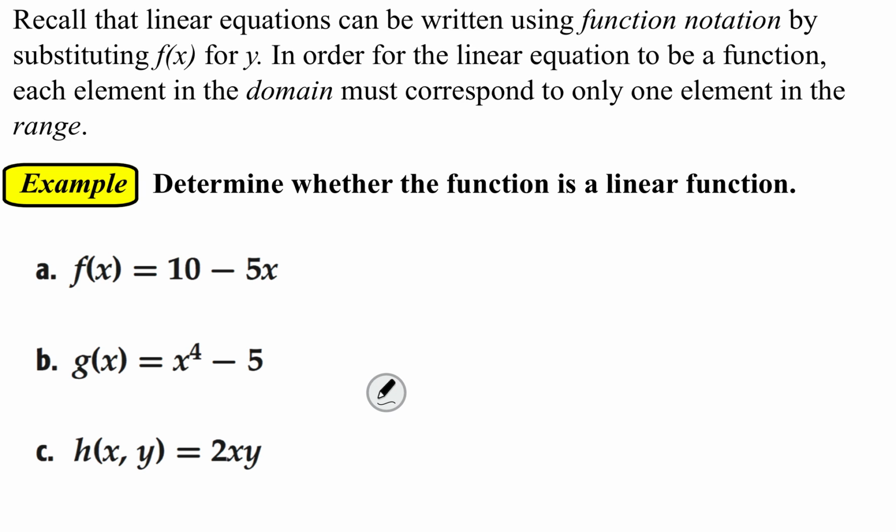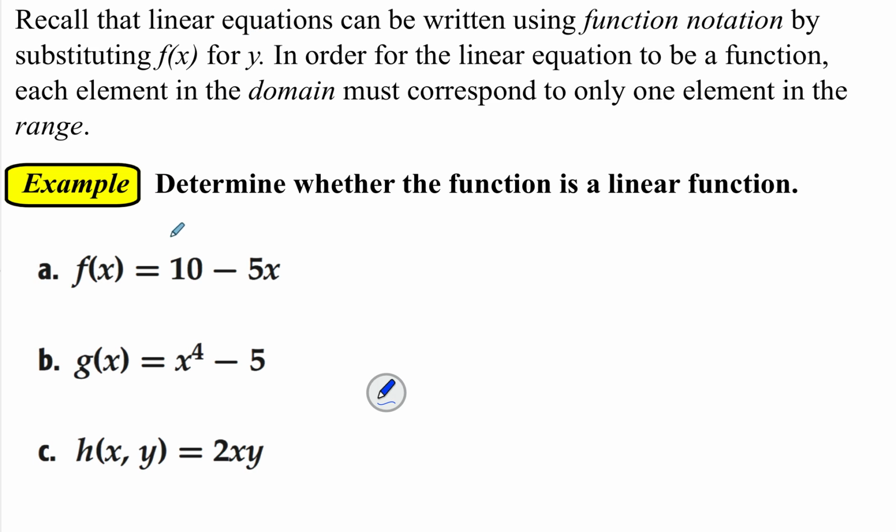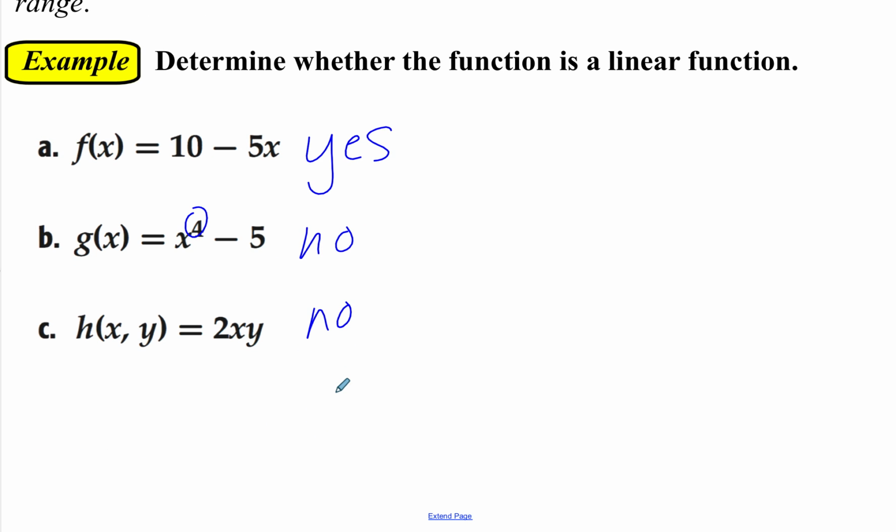Based on the definition that I just gave you, can you tell whether or not these are linear functions? Over here, letter A, the highest exponent is 1. This is a yes. This is a linear function. This one has an exponent of 4. That's a no. And then down here, letter C, we have h of x, y is 2xy. That's a no because those two are multiplied together. We can't have variables multiplied together.